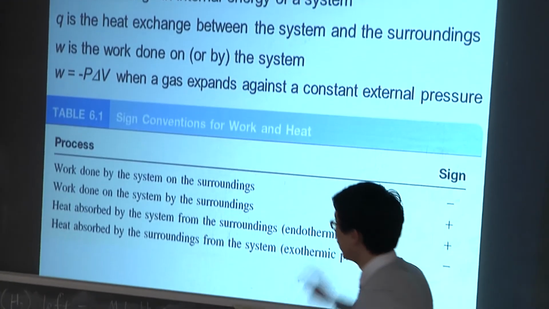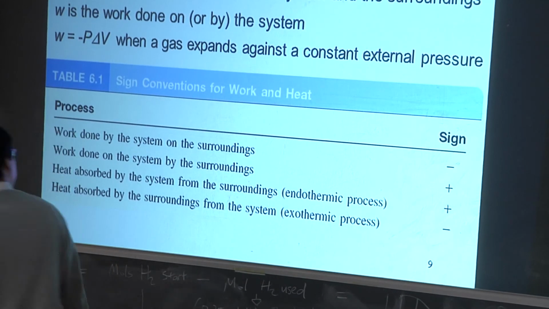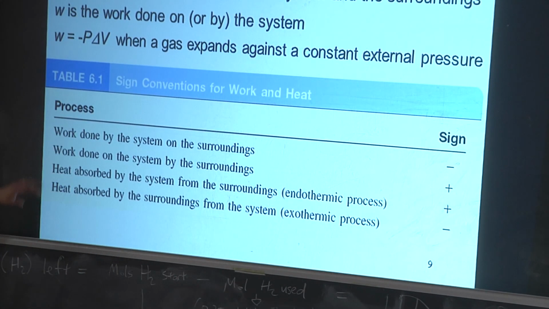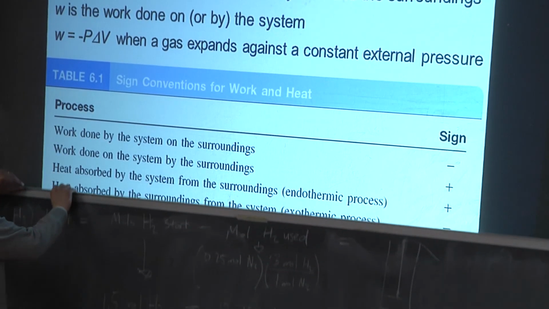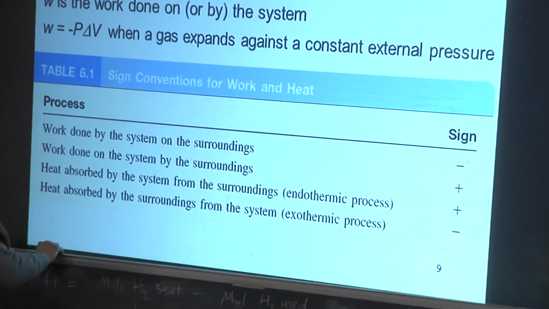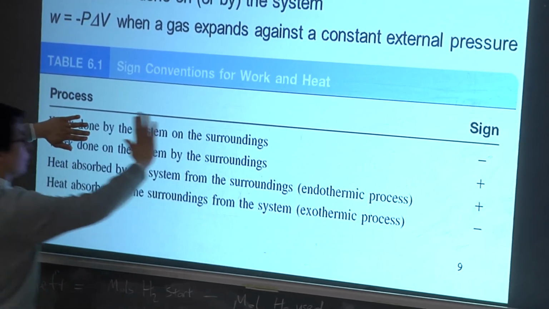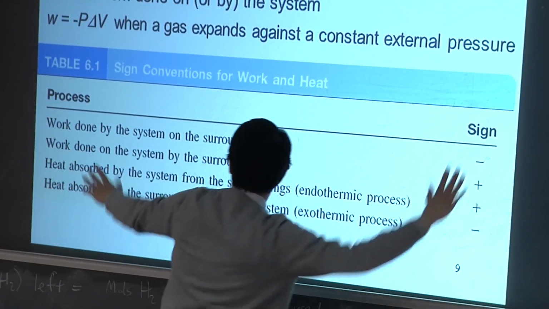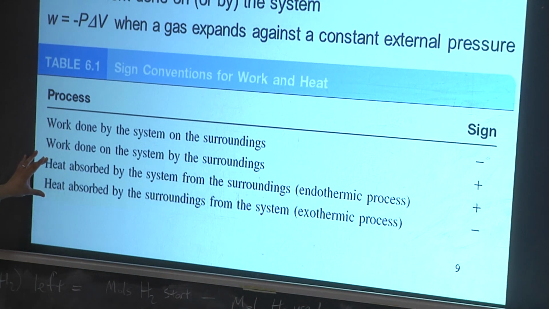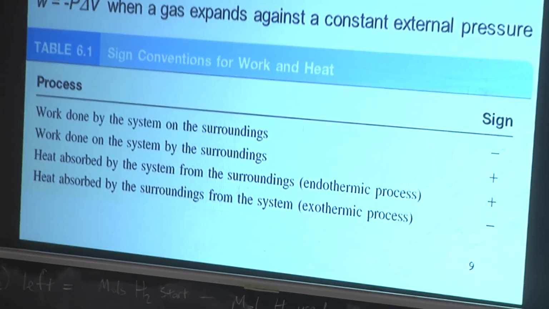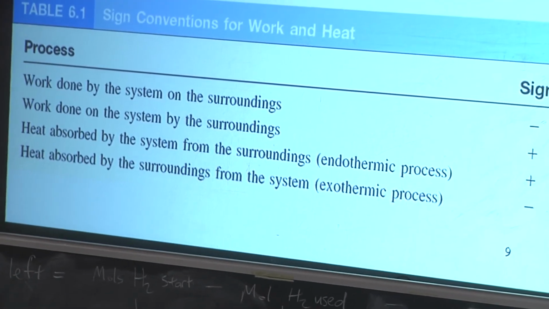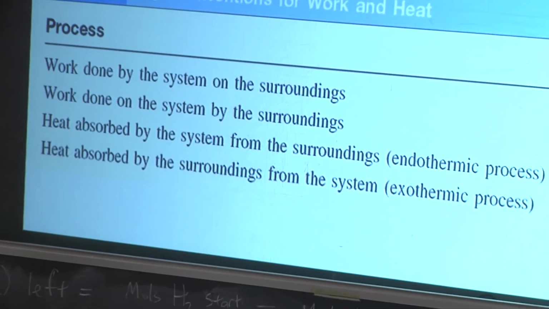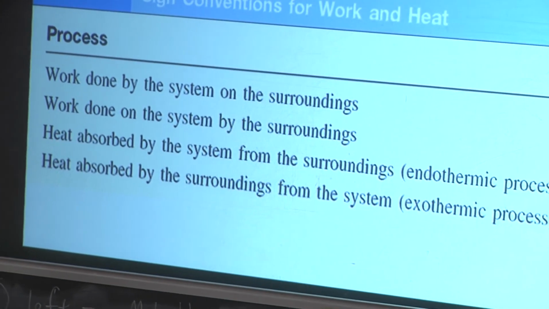And so here's the sign convention. I guess we'll think about it now. Let's do the work later. Let's think first about the heat. If you have an endothermic process, say you have a pot of water and you turn on the stove and the water starts to get hot.